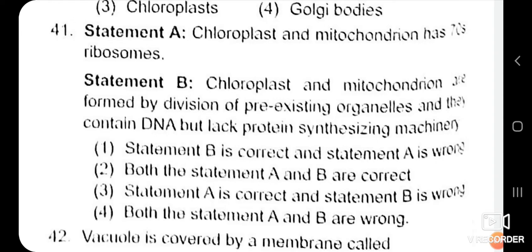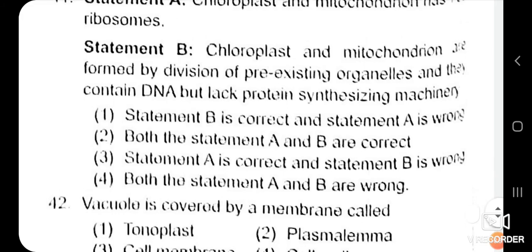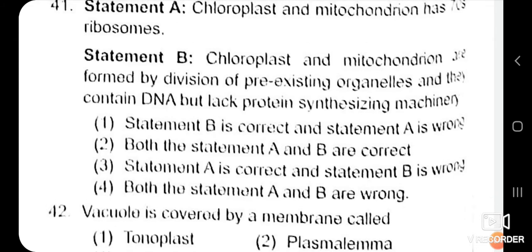But ribosomes are protein synthesizing machinery which is present in the chloroplast and mitochondria. So, the correct answer is the third, that states statement A is correct and statement B is wrong.